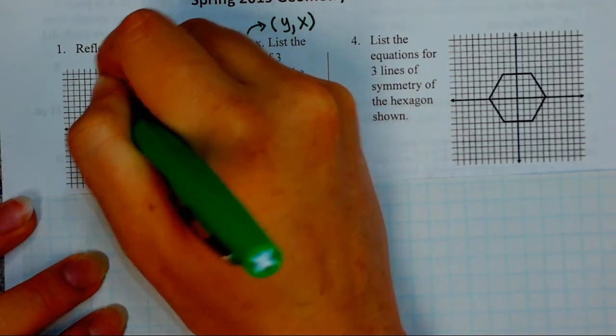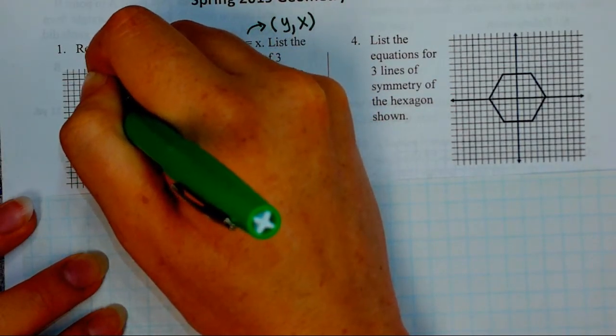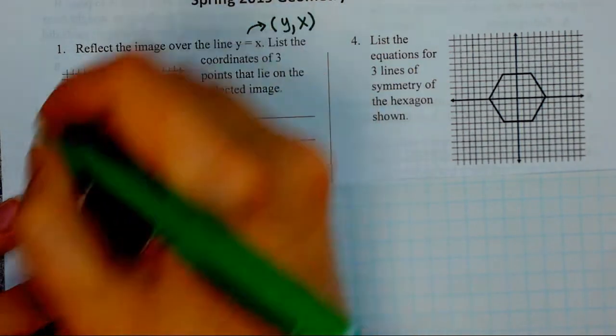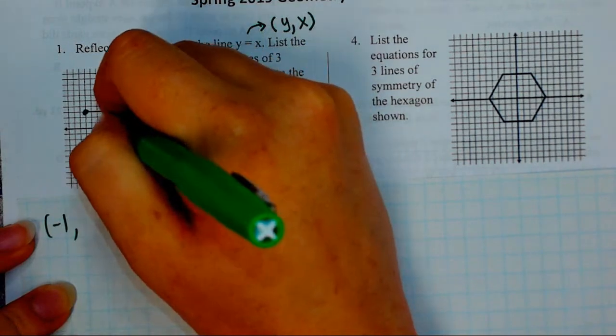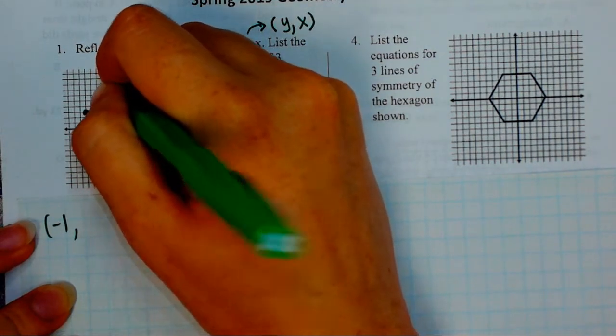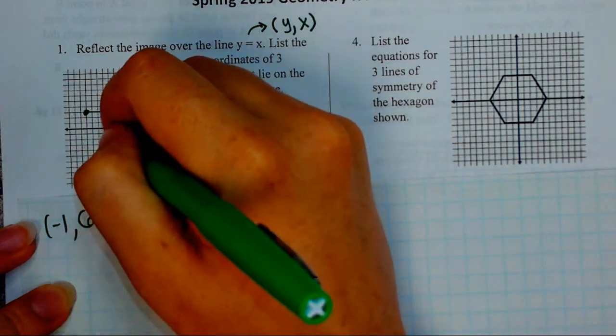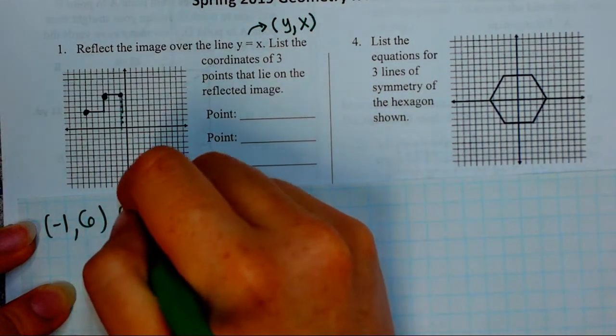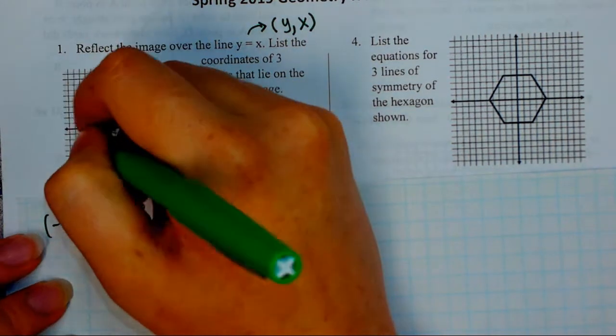So let's do this point, this point, and this one. So this point is at -1, 1, 2, 3, 4, 5, 6. This one's at, let's see, 1, 2, 3, 3, 6.